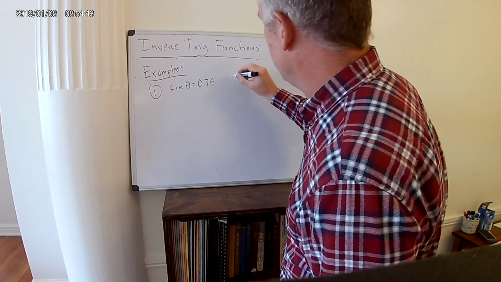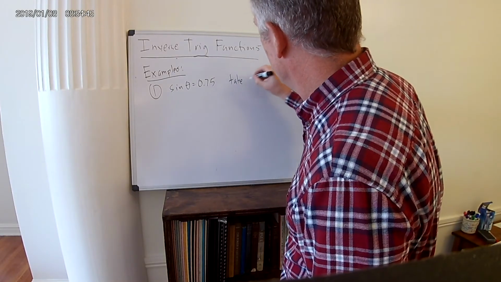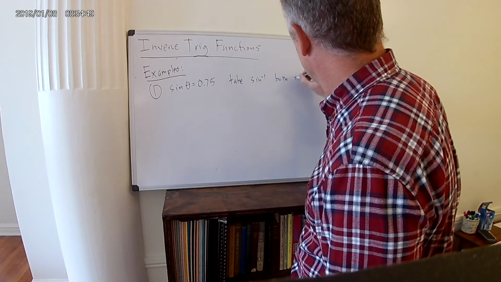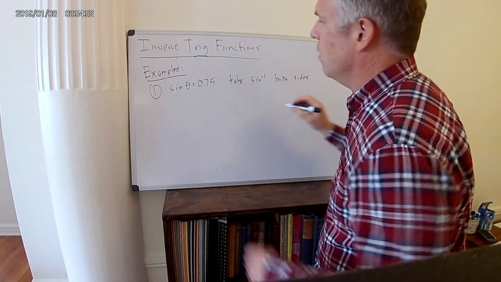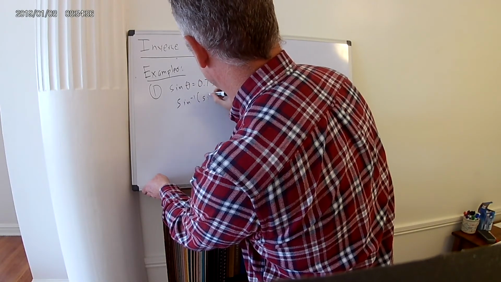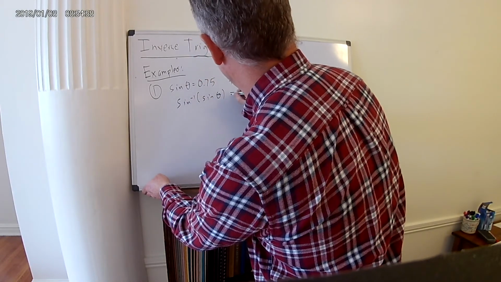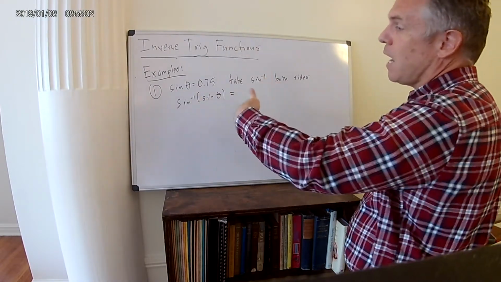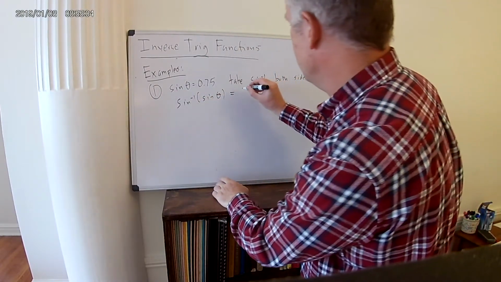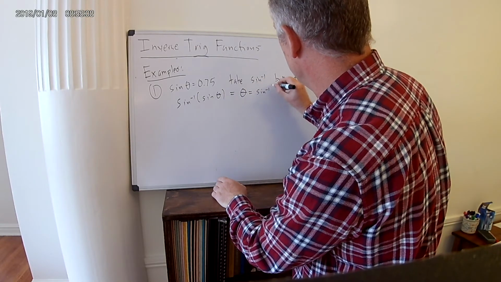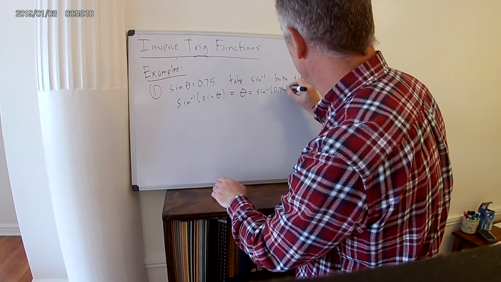We take an inverse sine of both sides. If we do that, we get inverse sine of sine of theta. The inverse sine of sine, these two negate each other. We just get theta. On the other side, we have inverse sine of 0.75.